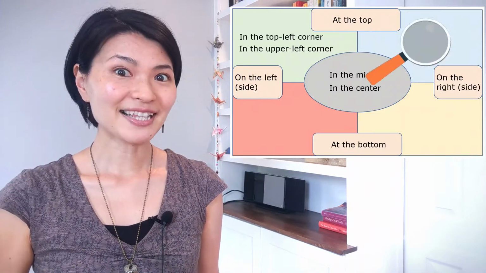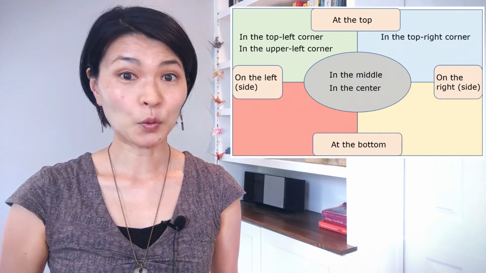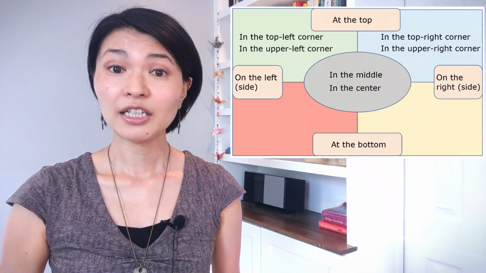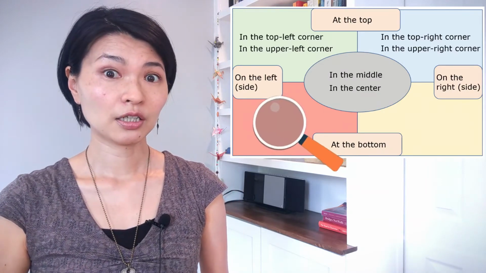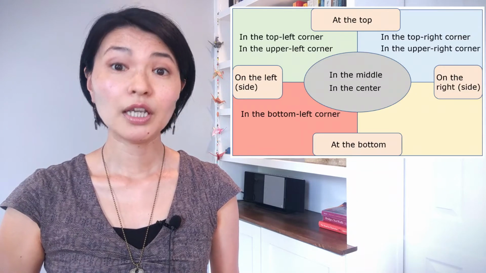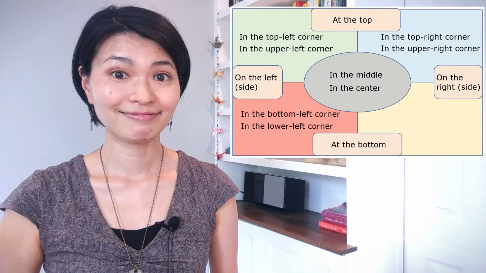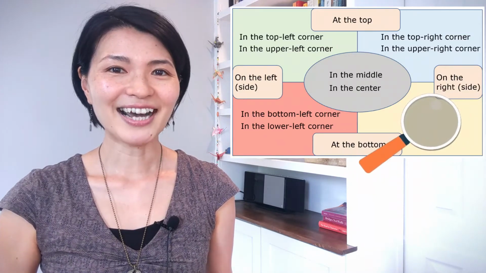Now, what's this area called? In the top right corner or in the upper right corner? Then how about here? In the bottom left corner or in the lower left corner? The last one. You got it.